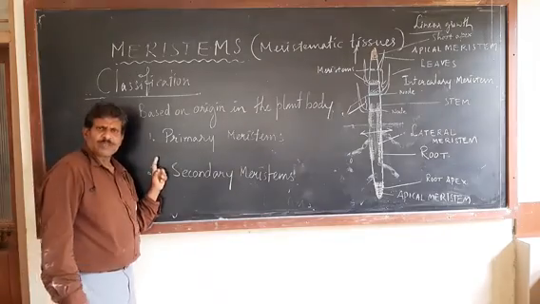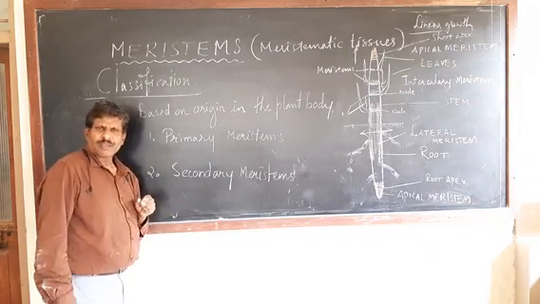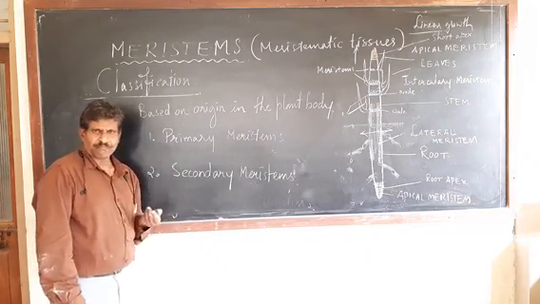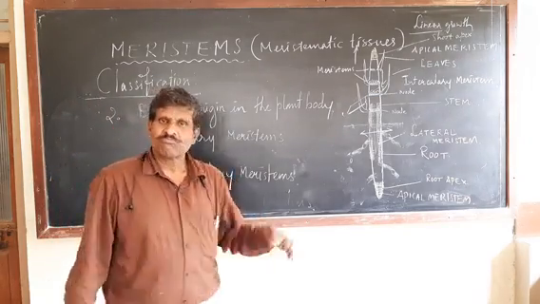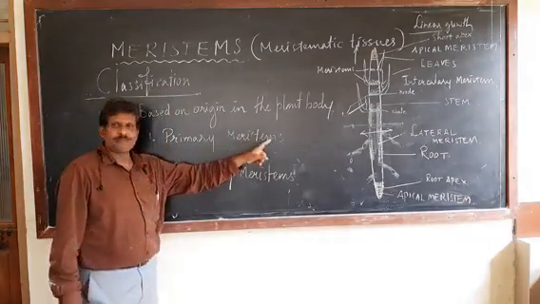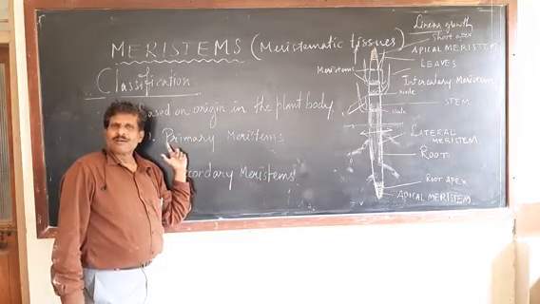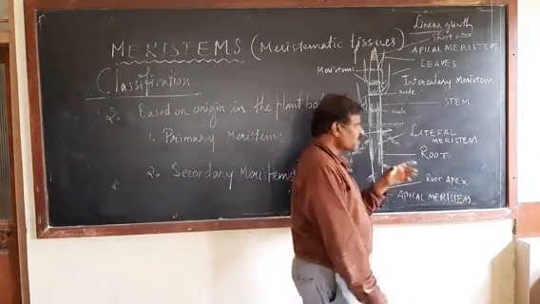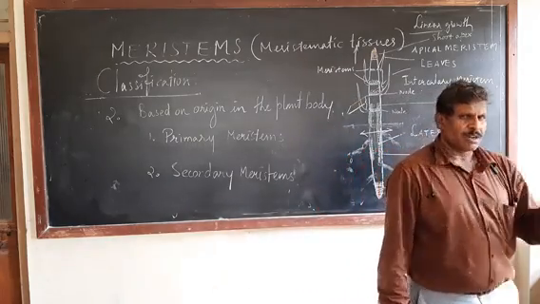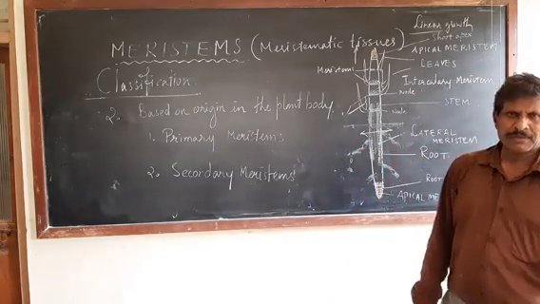Primary meristems. The name itself suggests primary is first. First going school. Early going school. Primary meristems means these are the meristems which are first formed, which originated in the beginning.